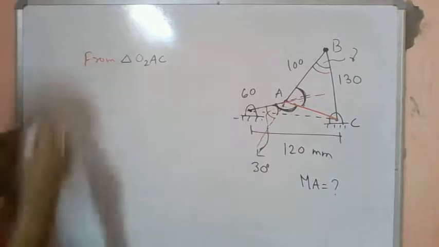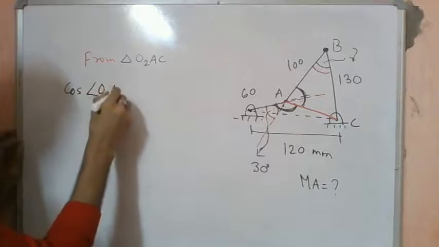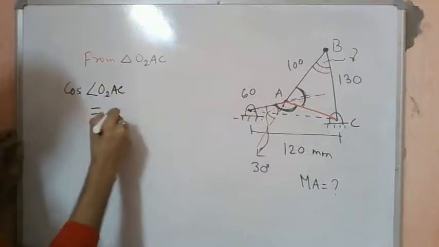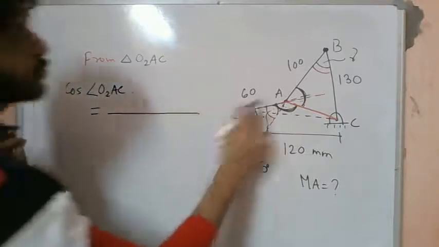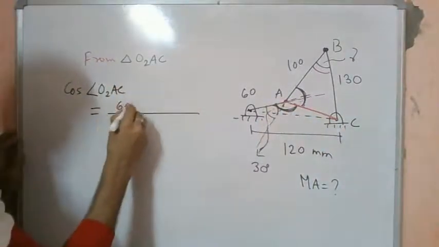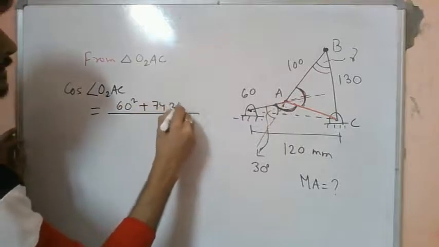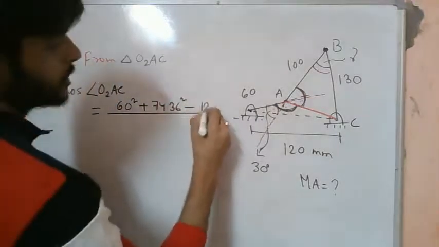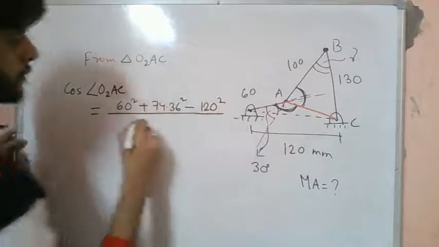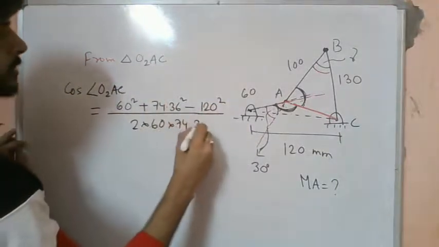Cos of angle O2AC equals O2A square, 60 square, plus AC, 74.36 square, minus 120 square, over 2 into 60 into 74.36.